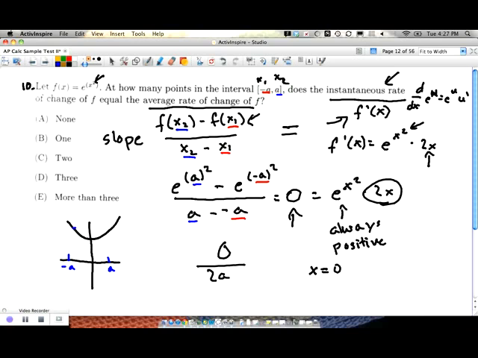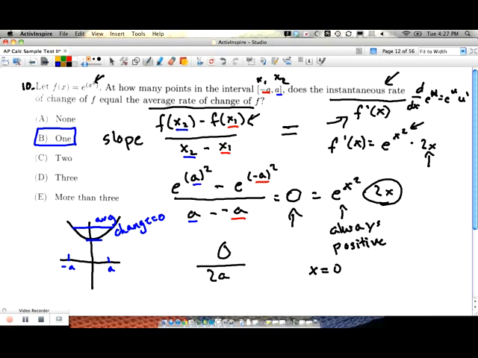So when we're looking at this graph, we're going to be at the same point on both sides. That means that the average rate of change, this blue horizontal line, equals 0. When does that happen? Right here in the middle at 0. It only happens once. Our answer would be B.